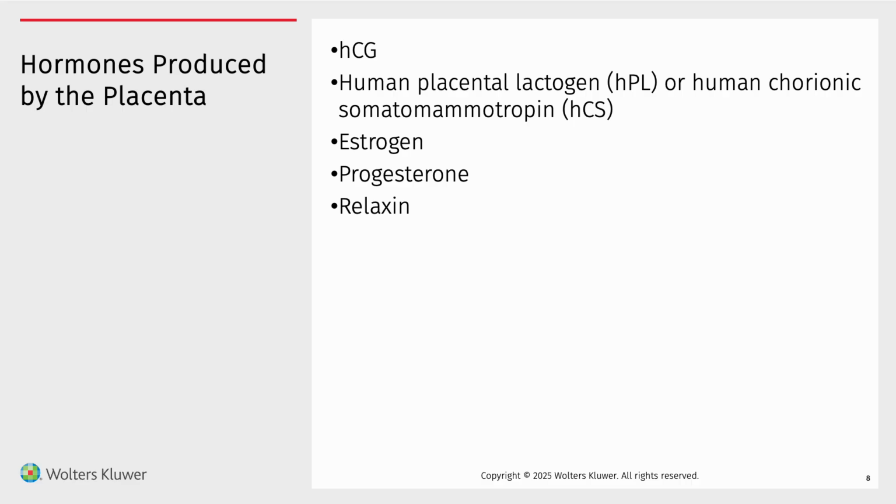Okay? He eats plenty hormonal relaxants. So the H stands for HCG, the E stands for estrogen, the P stands for progesterone, the HPL/HCS hormone is the H, and the R stands for relaxin. That's how you can remember these different hormones, okay?